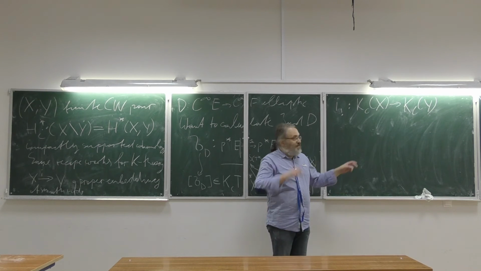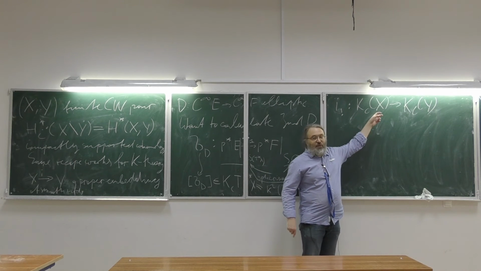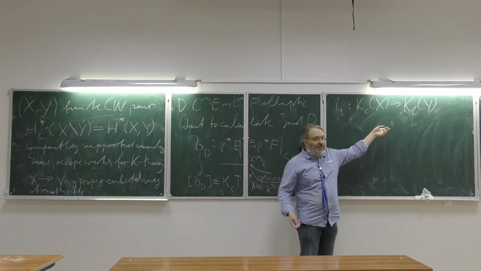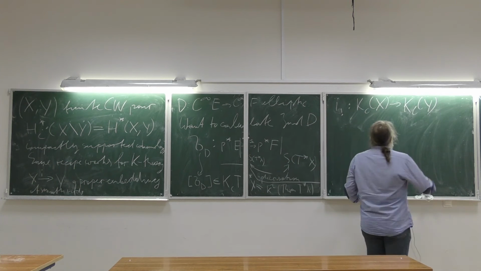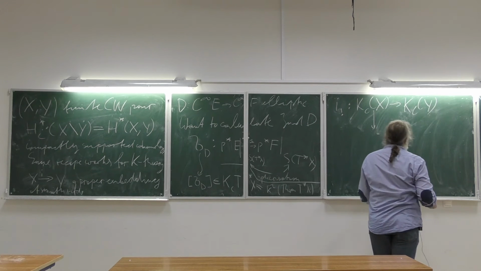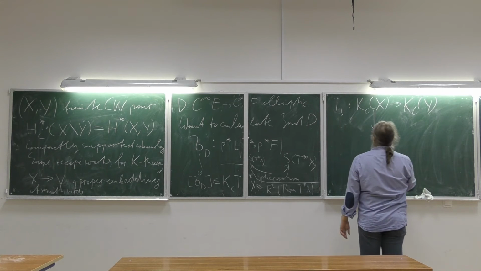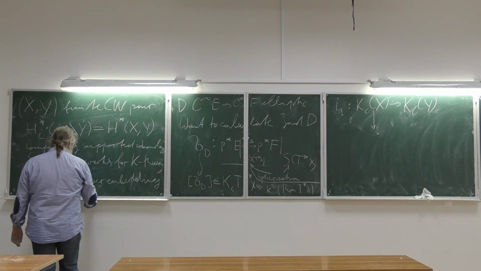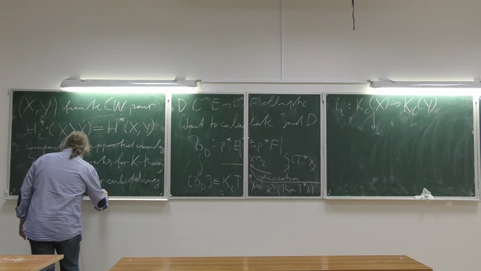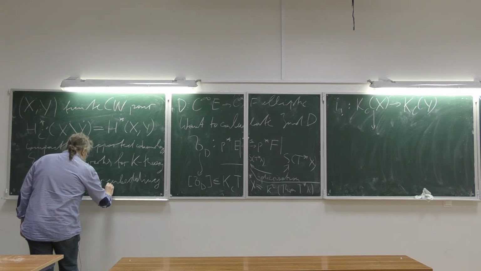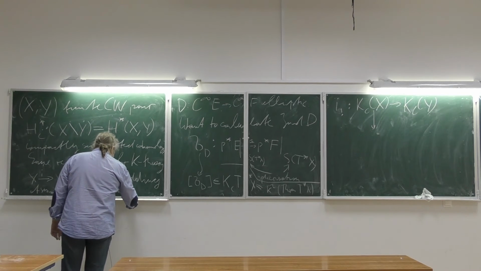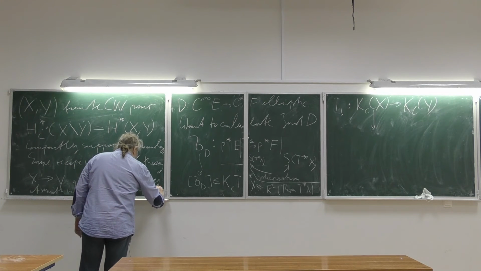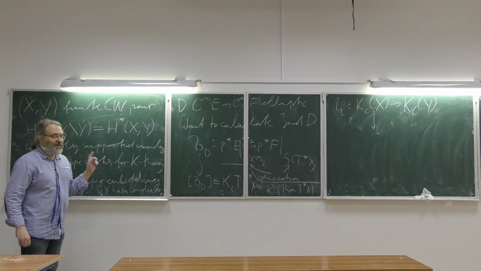And in some way, this is not much more difficult than compactly supported cohomology or relative cohomology. Well, let's assume that the normal bundle has a complex structure.